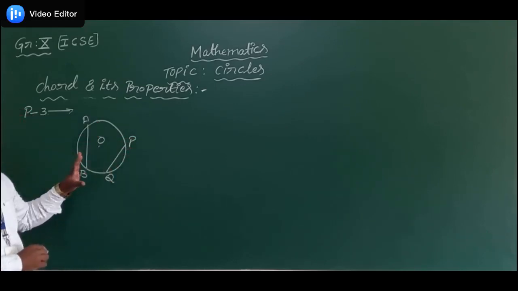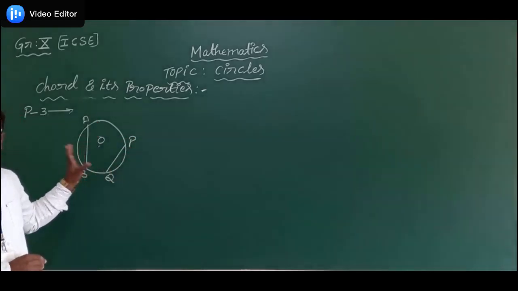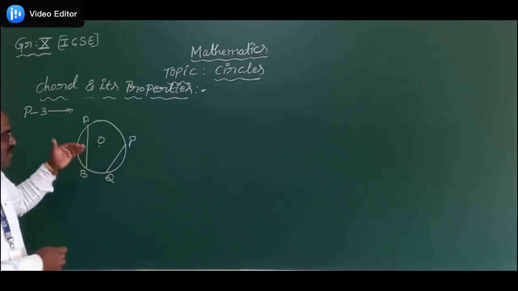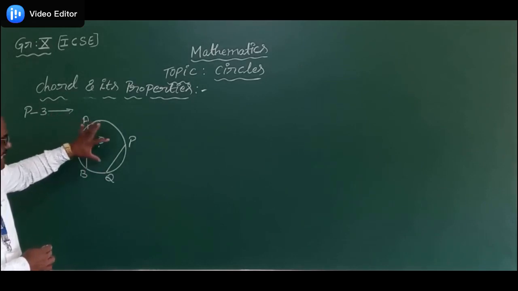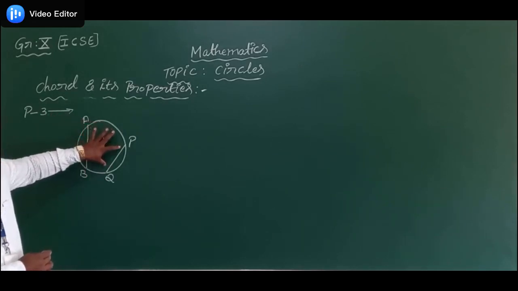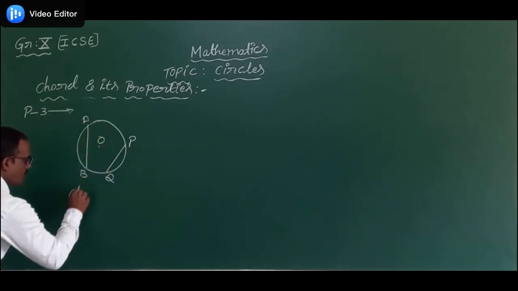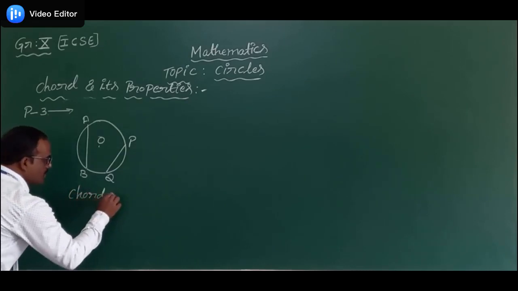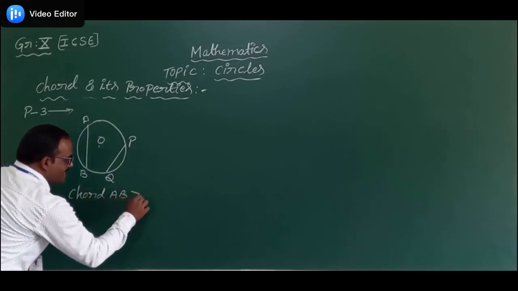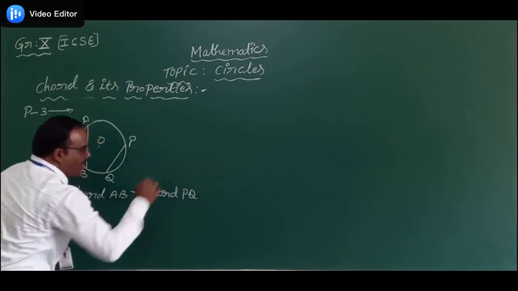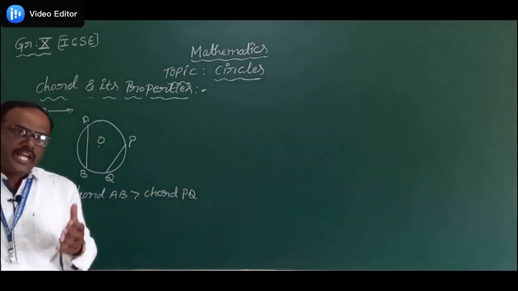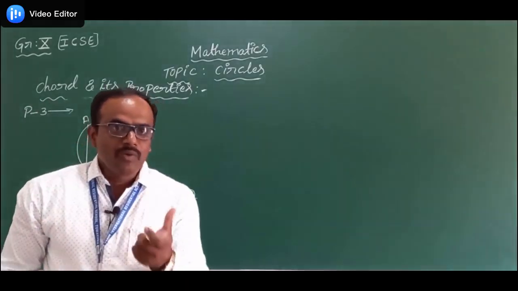Now you can observe the difference between these two chords. The length of chord AB is greater than the length of chord PQ. Okay, children? Therefore, chord AB is greater than chord PQ.